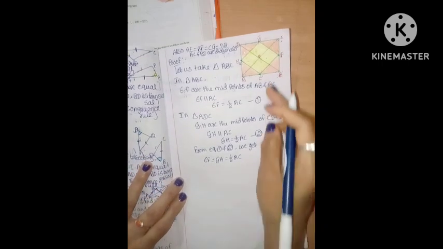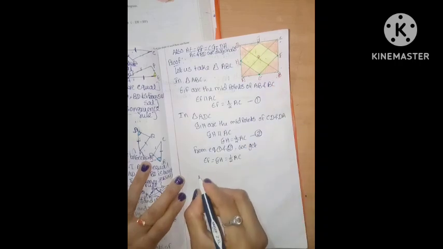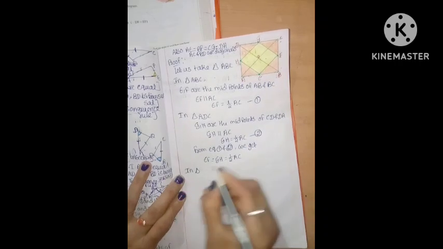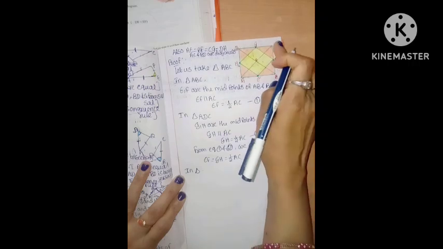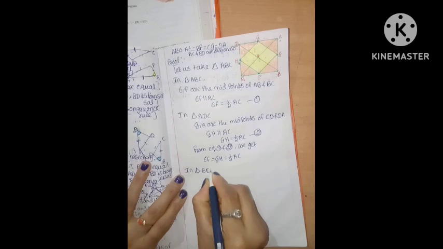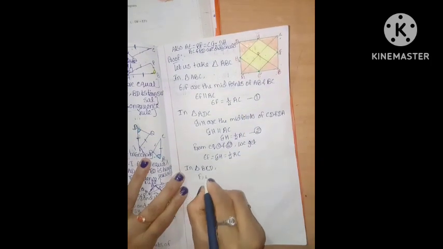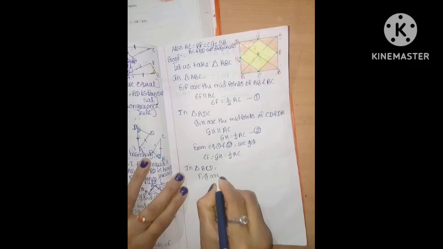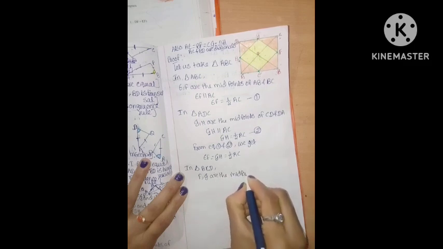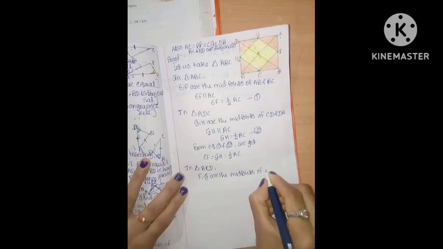Next, let us take another two opposite triangles. In triangle BCD, F and G are the midpoints of sides. What are the sides?